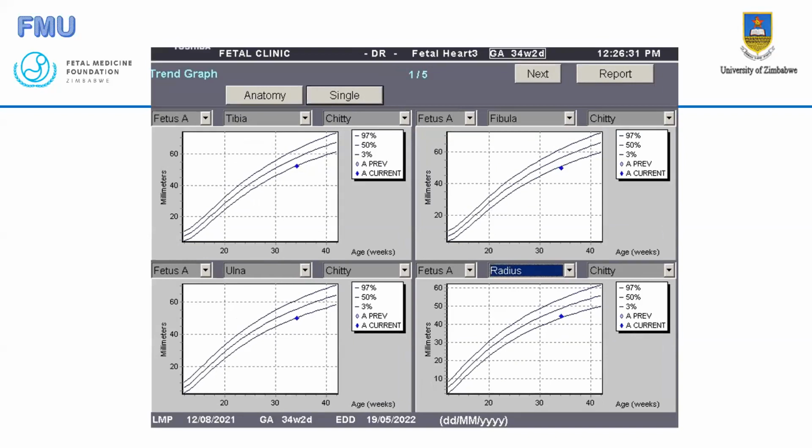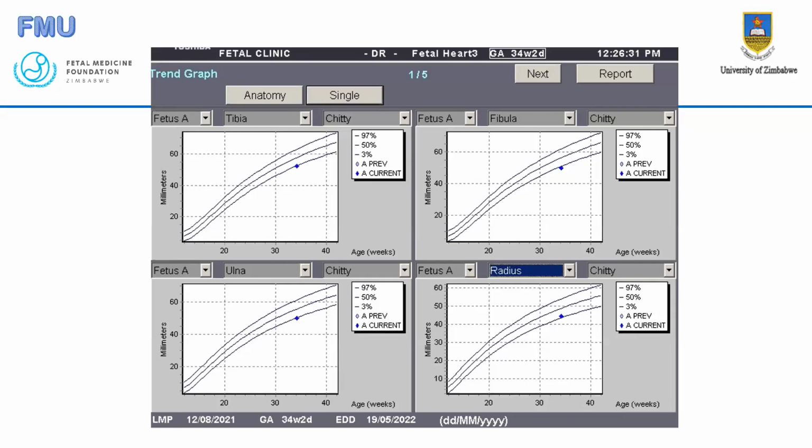You can see the tibia, the ulna. Right, so we can see the difference here that these are marginally short, while the other ones are extremely short.